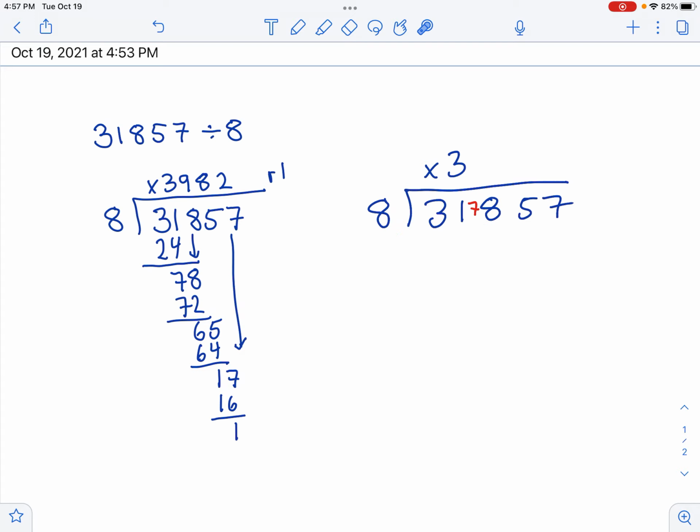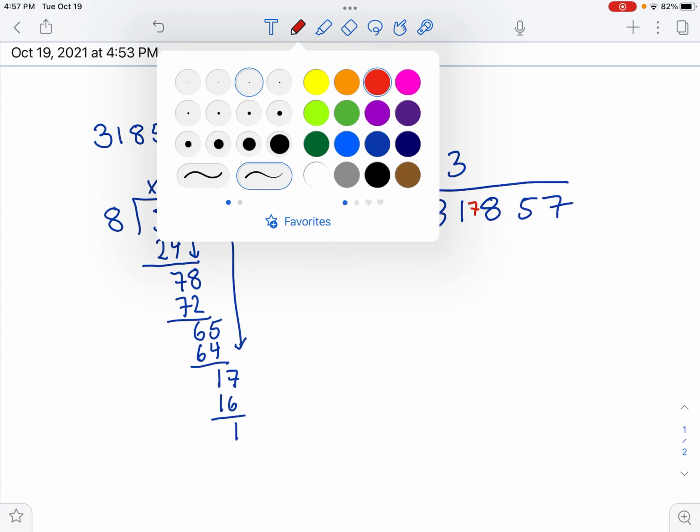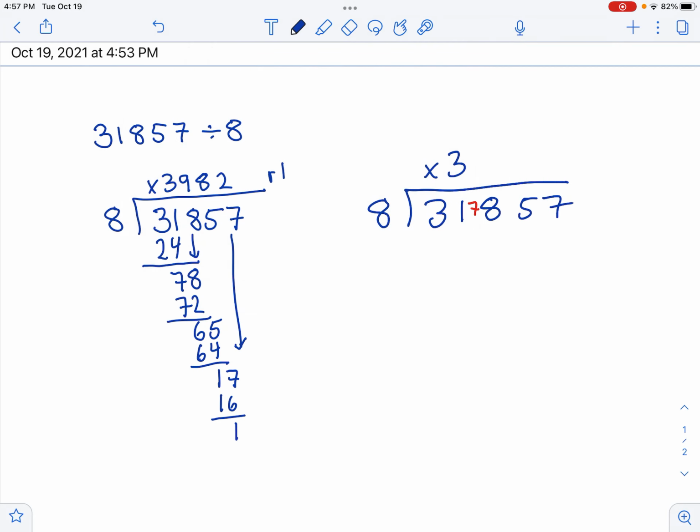So 8 goes into 78 9 times. We knew that from before. 9 times 8 is 72. The remainder is 6. So I'm just going to put the 6 right here.